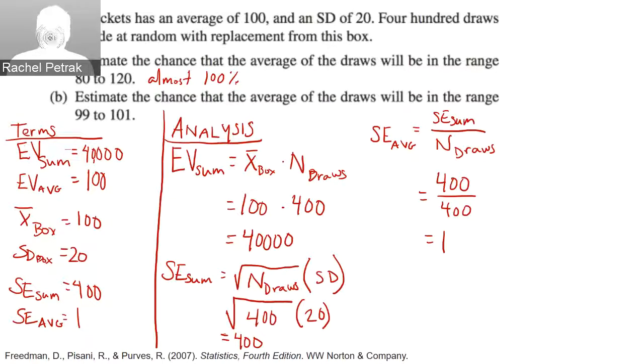Then what's the chance that the average of the draws will be in the range of 99 to 101? This one is very easy to see. What's the chance that this estimate is within plus or minus 1 standard error?